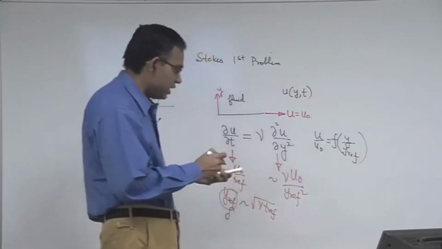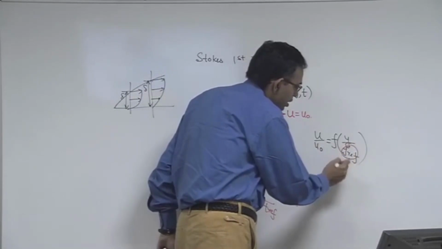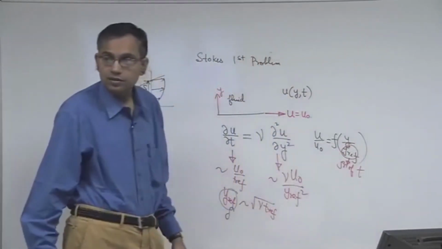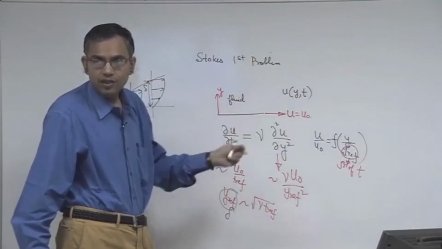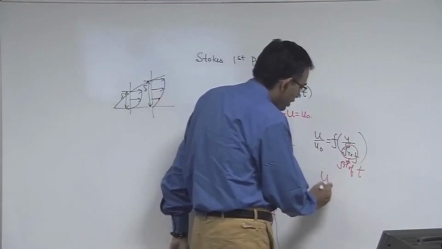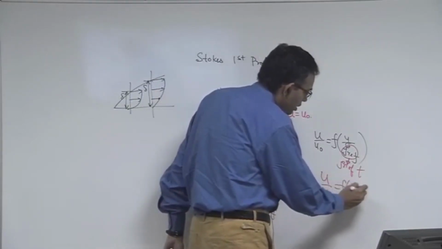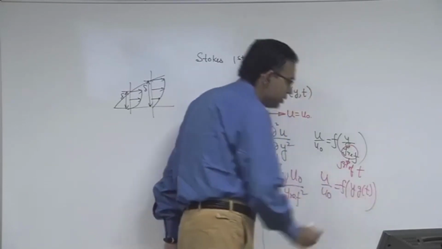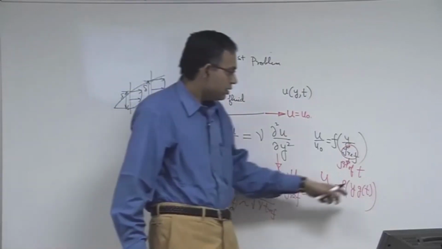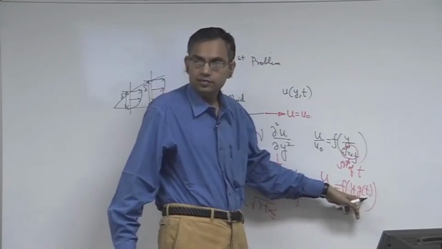See, this delta is a function of t. This we could get from a physical intuition. So, we can write that u by u0 is a function of y into a function of t, and this g of t roughly scales with 1 by delta.